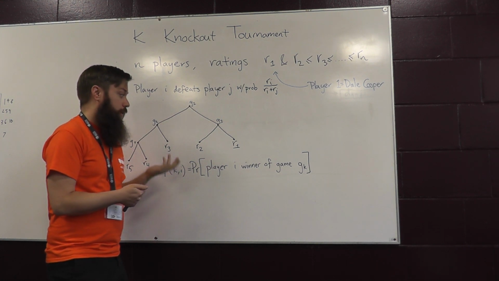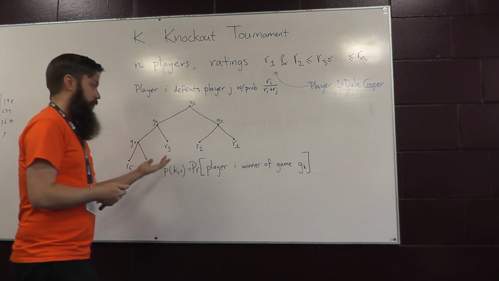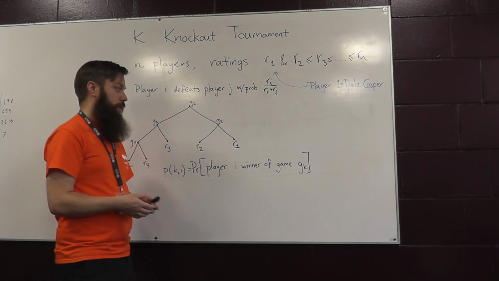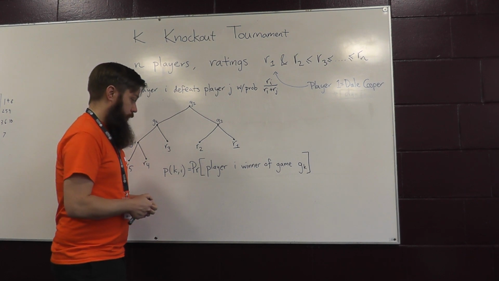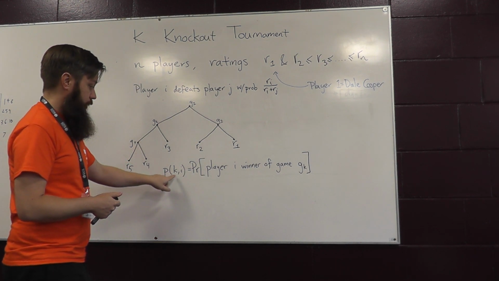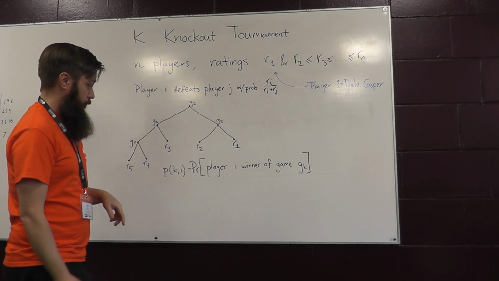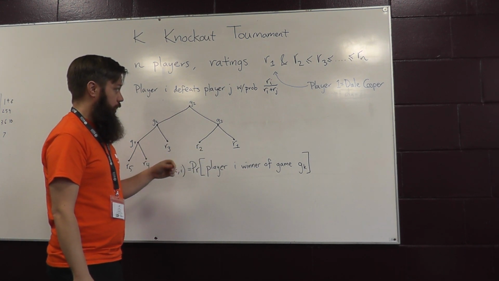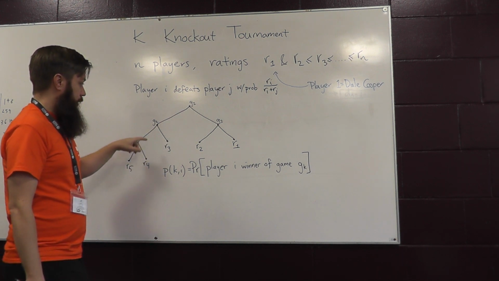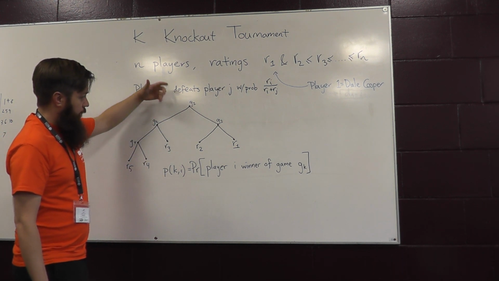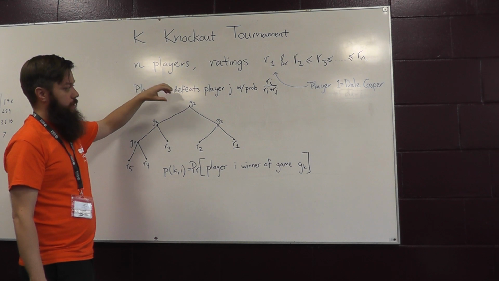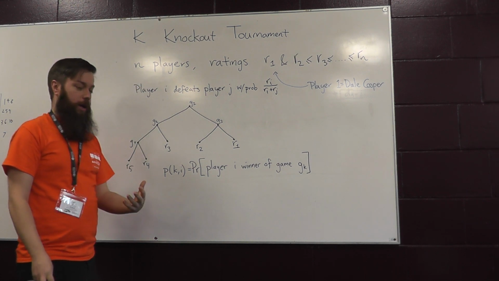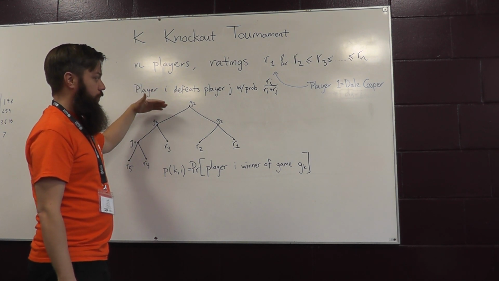Now all that remains is to compute, given this layout of the tournament tree, the probability that Dale actually wins. Let's define P(k, i) as the probability that player i wins game Gk. Here I numbered the games not by the order they happen in the tournament, but in their natural order in the game tree.